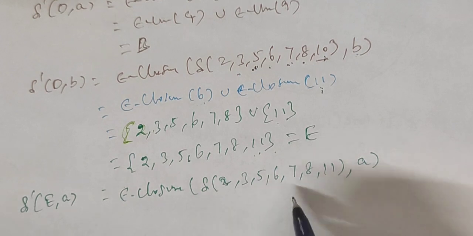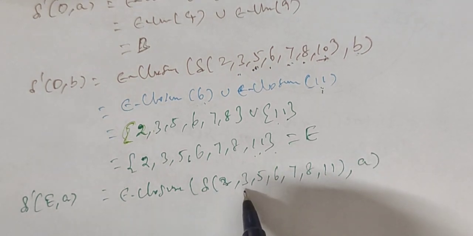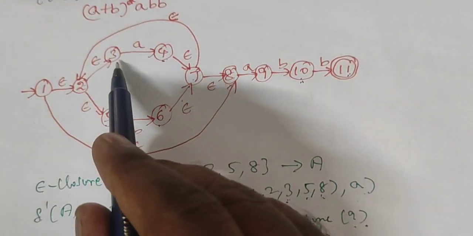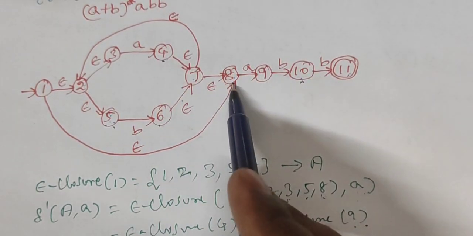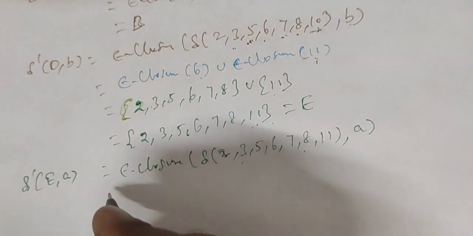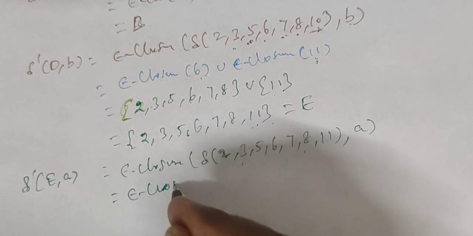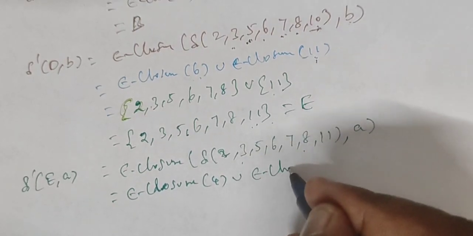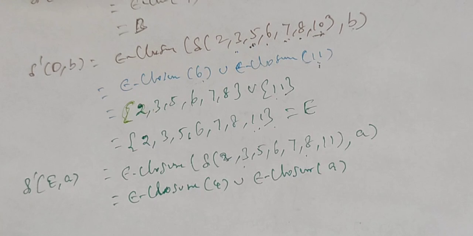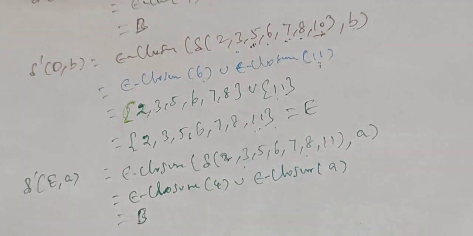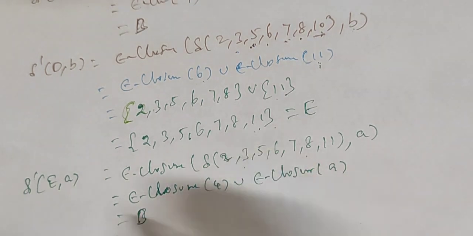A can be applied in 3, which goes to 4, and A can be applied in 8, which goes to 9. So epsilon closure for 4 union epsilon closure for 9 gives the answer B, which is already there. So no new state is getting generated.